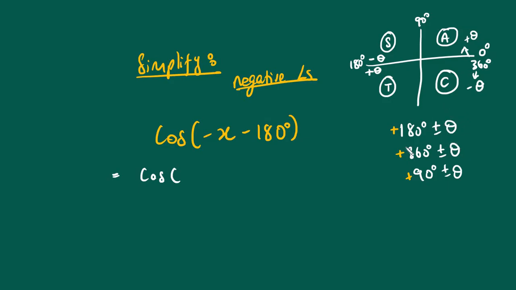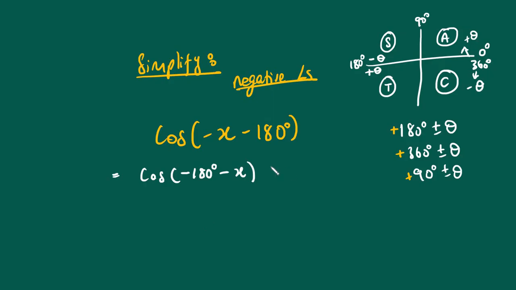So here we want to start with this one first. You're gonna write negative 180 degrees, then you're gonna write the negative x. Okay, that is the first thing you're going to do. Write the angle, don't change the sign, write it as it is. Write negative 180 and then have the minus x.